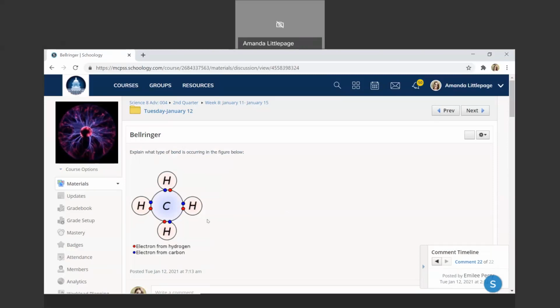So a nonmetal to a nonmetal will interact in a covalent bond, and a metal to a nonmetal will interact in an ionic bond. So this is in fact an example of a covalent bond. This is methane, CH4, and again, notice equally shared electrons.